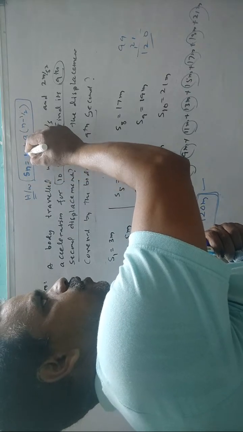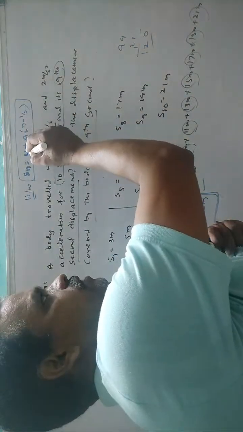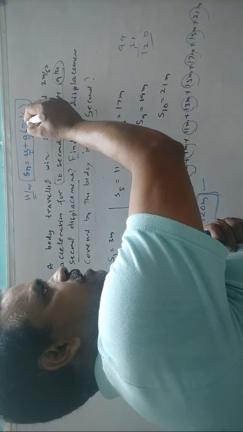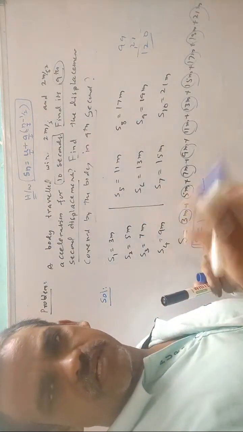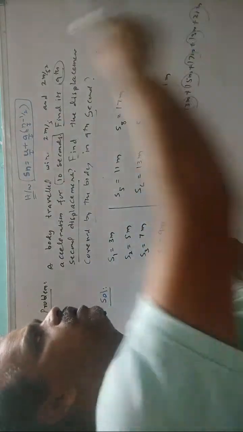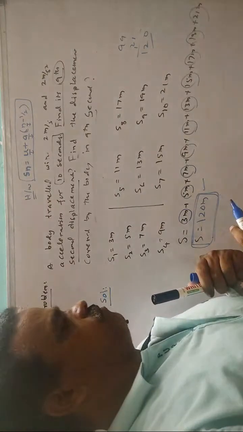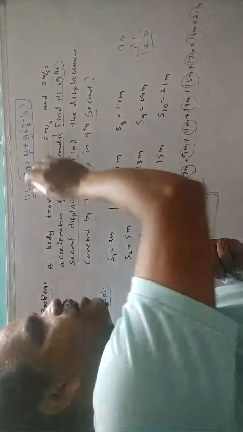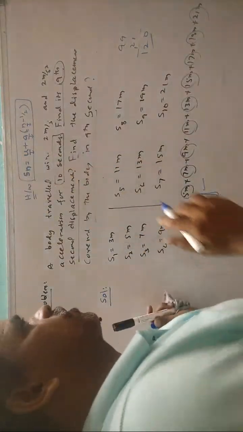Here U is initial velocity, A is uniform acceleration, n is nothing but which second, that is nth second. If it is first second, take n equal to 1. If it is second, take n equal to 2. If it is third second, take n equal to 3, like that. So up to now I discussed last 1 hour only this formula, kinematic equation, that is fourth equation I discussed again.